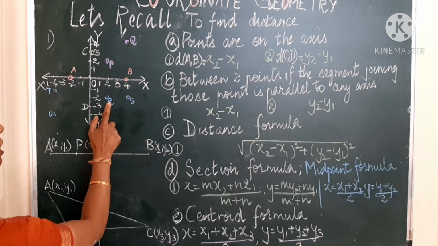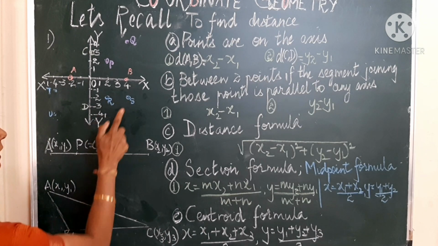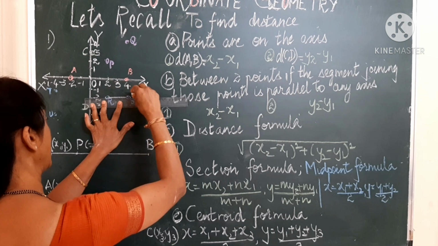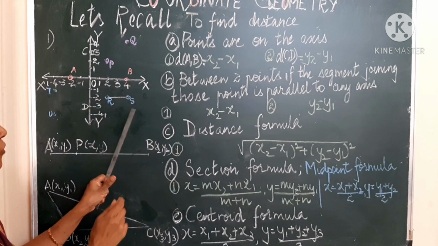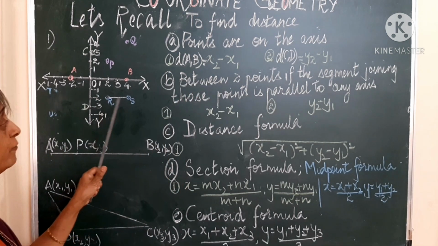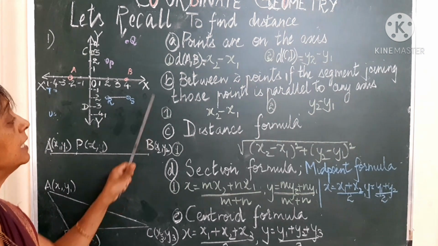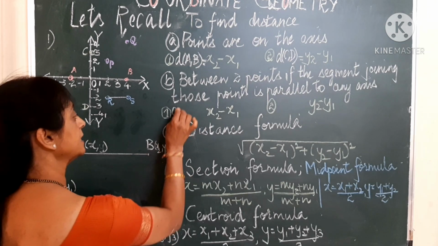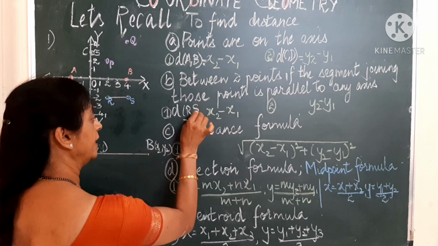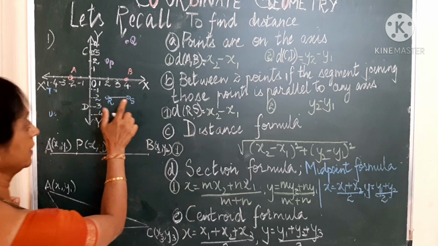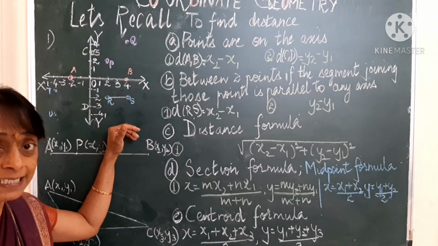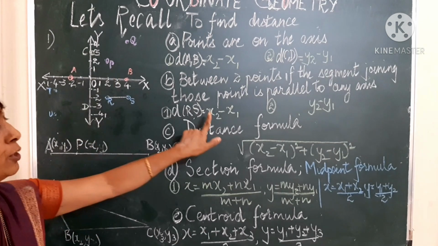Yes, we have two points which, when joined, become parallel to the x-axis. And how did we derive the formula? That formula was again given by the difference in the x coordinates, which will give you distance RS, where RS is a segment drawn by joining them and that segment is parallel to the x-axis.